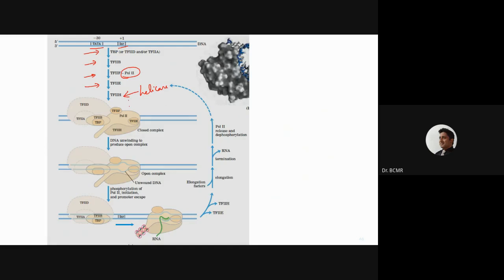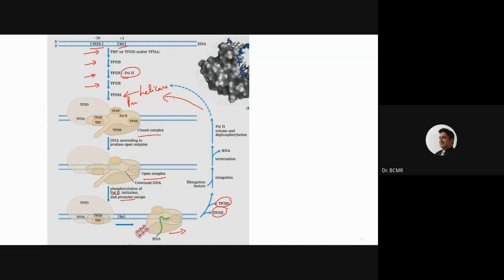And then of course you will have promoter escape, and there is a closed complex, and TFIIH using its helicase activity will make it an open complex, and then there is phosphorylation of Pol II and initiation of promoter escape. Then RNA polymerase will move forward transcribing, and several of these proteins are removed or dissociate from the RNA polymerase, which will get recruited for a new round of initiation.